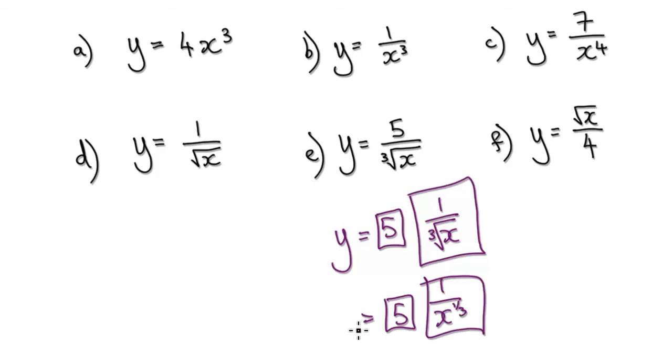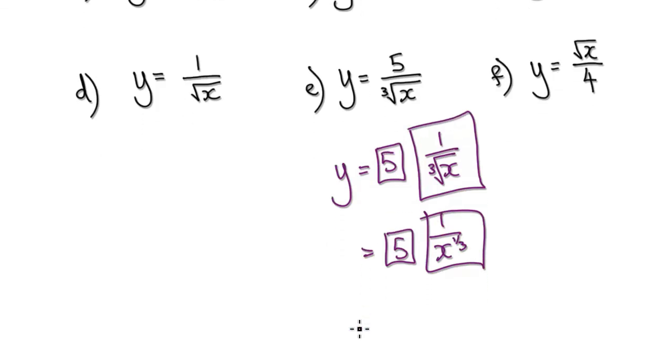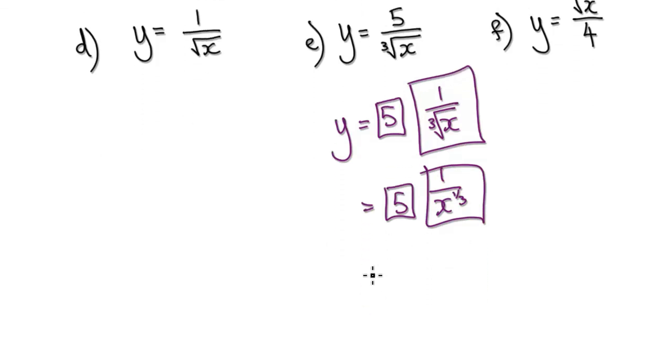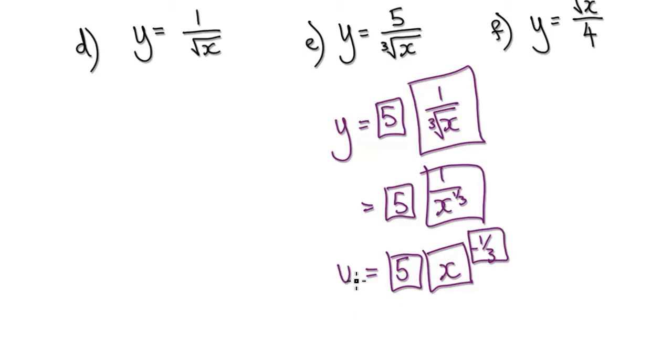So that becomes that, and then we want it in the desired form. So imagine this as being a block of 5 times a block of x to the power of negative a third. So now it's in the desired form. So this is y here, y here. So now we can differentiate.